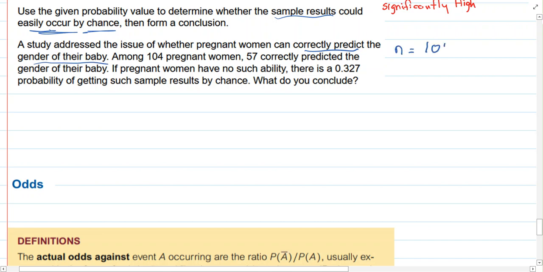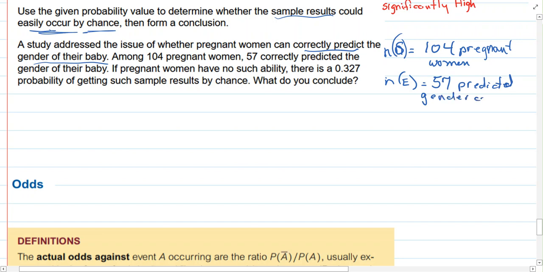Among the 104 pregnant women, 57 predicted the gender correctly.